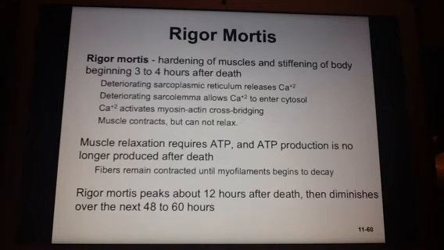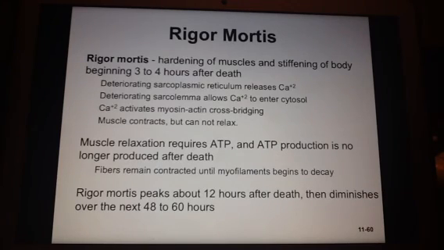So rigor mortis is the condition where the hardening of muscles and stiffening of the body begins 3 to 4 hours after death. So what happens is the sarcoplasmic reticulum starts to deteriorate and releases calcium ions. And of course the sarcolemma is also deteriorating, and so calcium ions are allowed in.